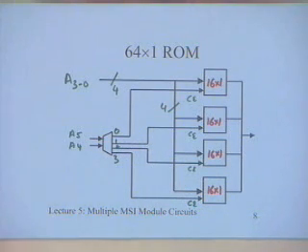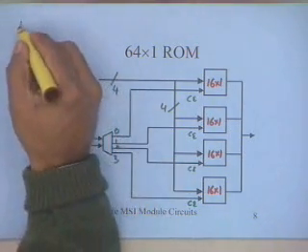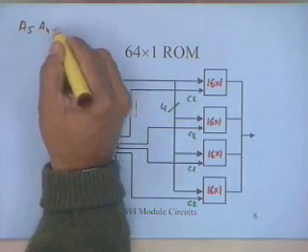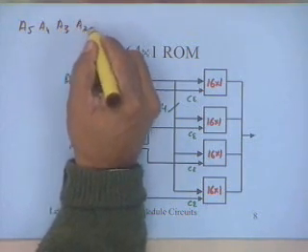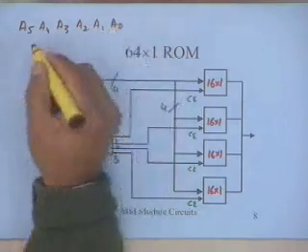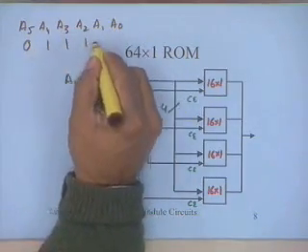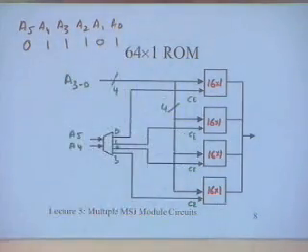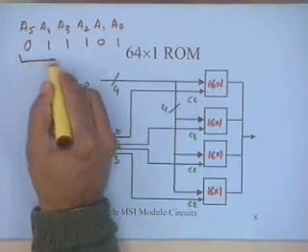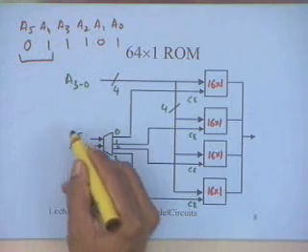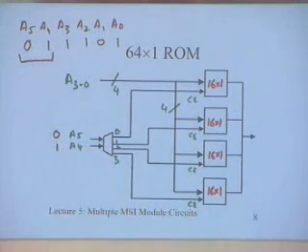Now what happens? Let us say I have my address A5, A4, A3, A2, A1, A0, some address combination I will take. Let's say this is my address. A5, A4 is 0 and 1.